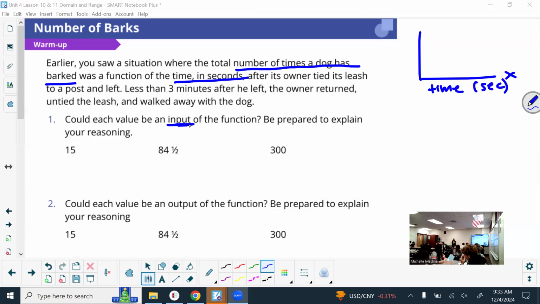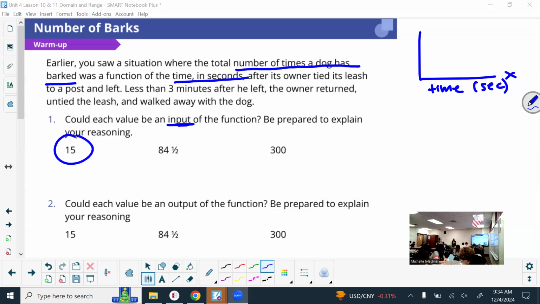So when it's asking, could each of these be an input? It's asking, could each of these be a time in seconds in this situation? So table 1, could 15 be a time in seconds in this situation? Yes.